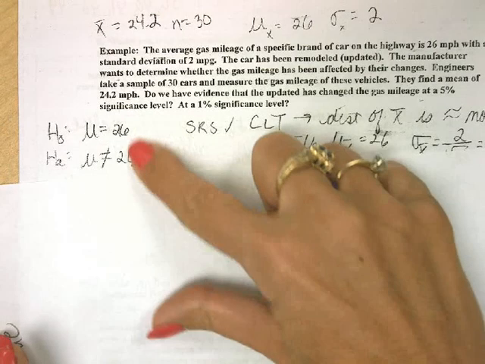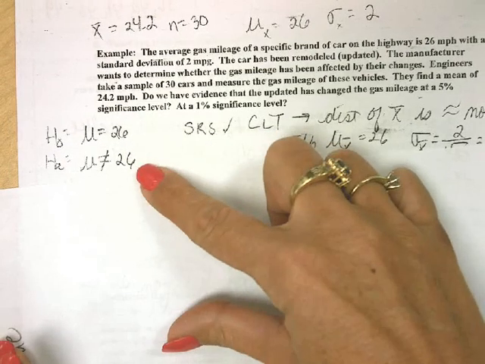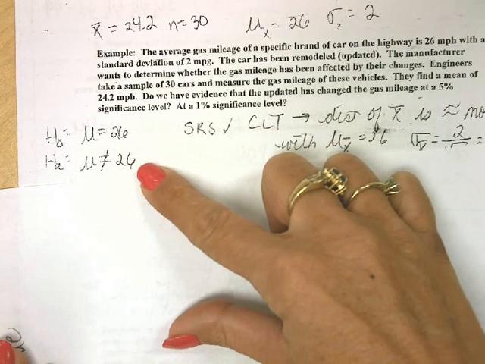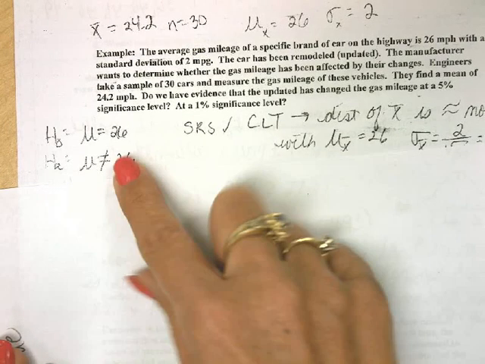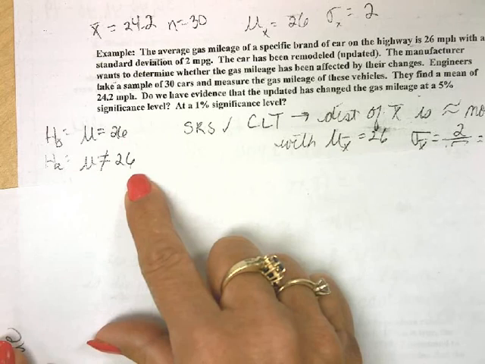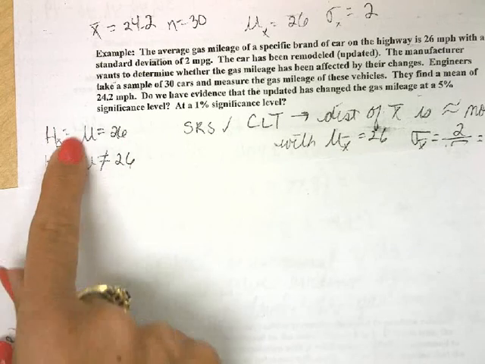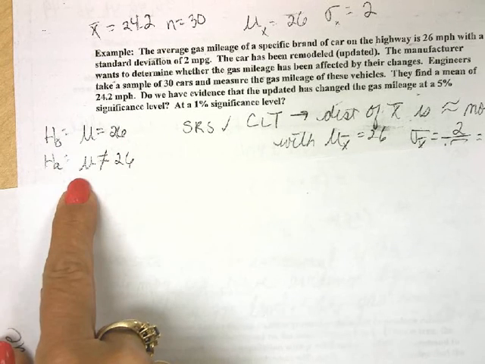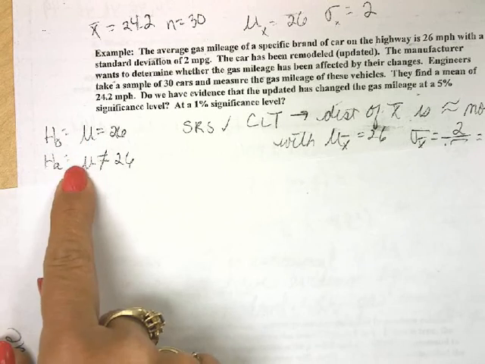So these are my null and alternative hypotheses before I even look at the rest of the question. And remember, these are never x bars here. These are always parameters. You don't put an x bar in a null hypothesis ever.